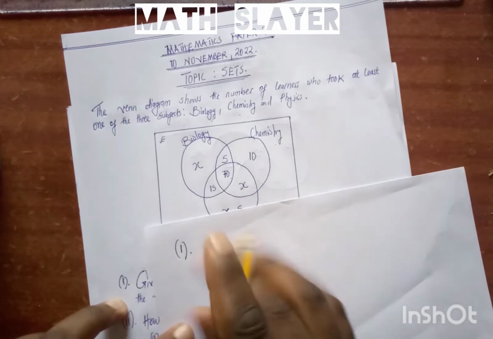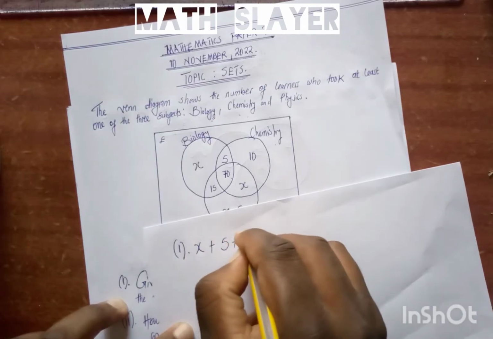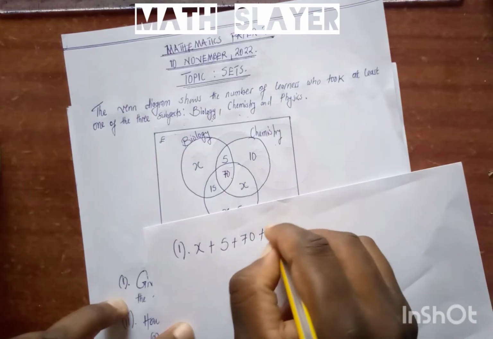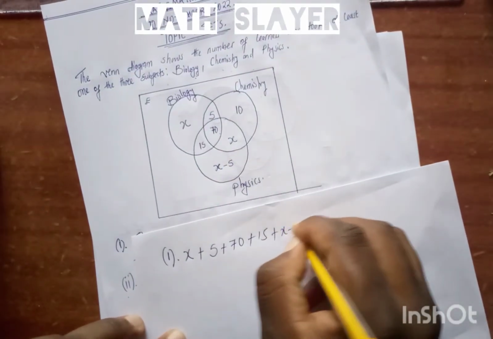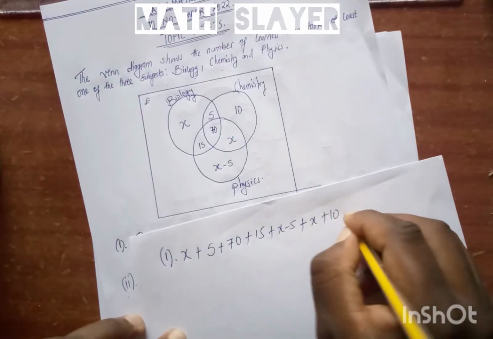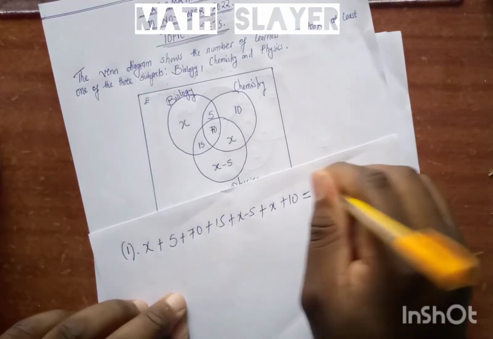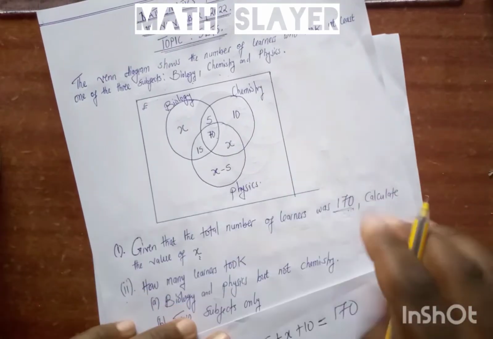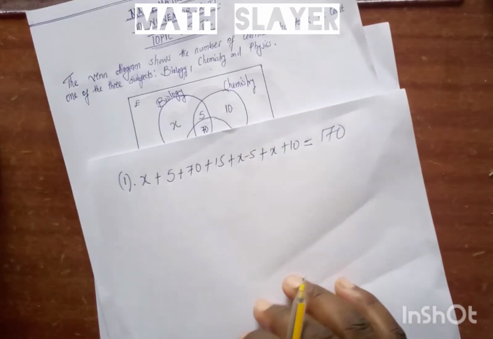We'll say x plus 5 plus 70 plus 15, and then x minus 5, plus x, plus 10. What is the total number of learners? We have been given that it is 170. So now we need to find the value of x.